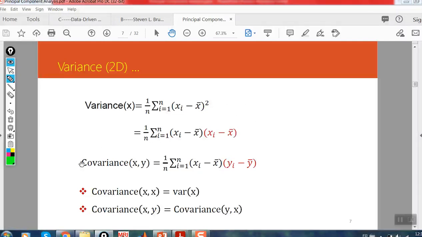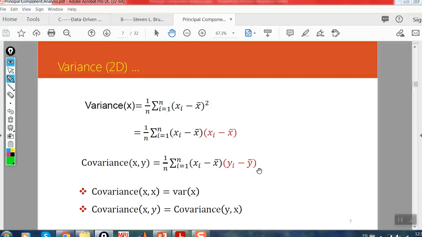On the other hand, if you pay attention to covariance, which I'm sure you know, covariance is for two-dimensional data and is related to two groups of data, x and y.